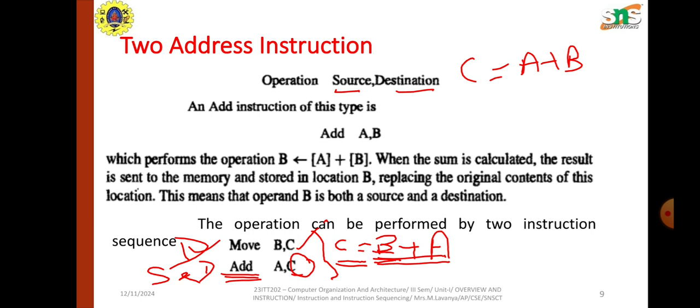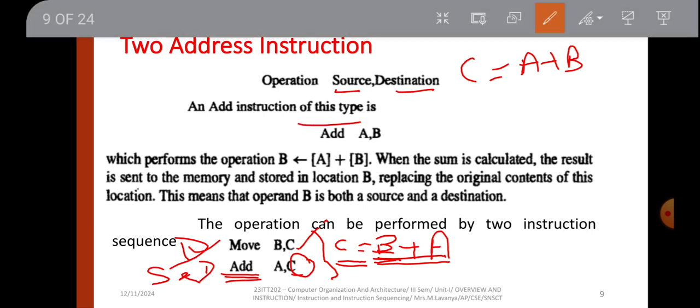Add a comma b is the first instruction given here. In this, add a comma b, b acts as a source and destination, as I have shared in performing the operation c is equal to a plus b.